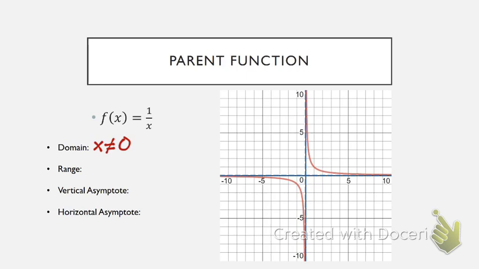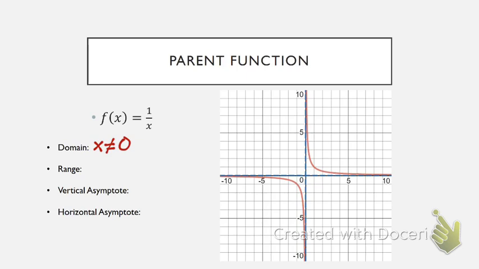When we look at our graph, as we approach 0, the graph gets weird. We have this and this. And if we notice, there's a blue dotted line at the x value of 0. So an asymptote is a line that our graph gets very, very close to, but never actually touches.